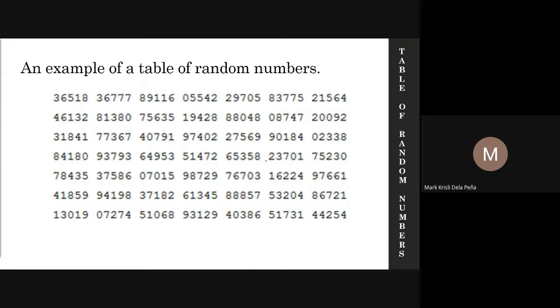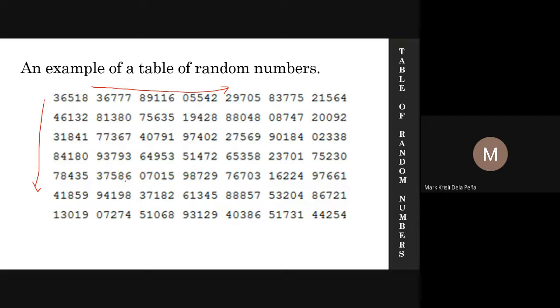The manner of reading the numbers can be in a vertical way, or if you want, in a horizontal way of selecting numbers. But for this video, we will get numbers based on the vertical flow.